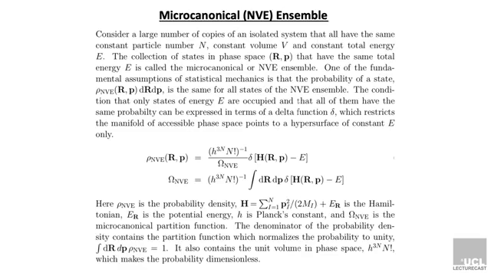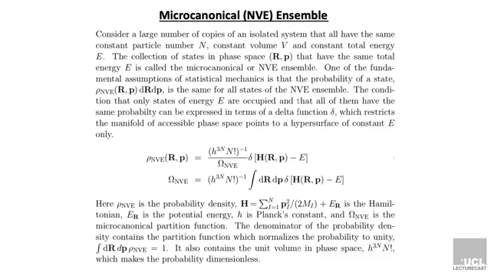So let's quickly say a few words about the microcanonical ensemble, which I'm sure you are familiar with from physical chemistry or statistical mechanics, and how this relates to the time averages that you obtain from the molecular dynamics simulation.